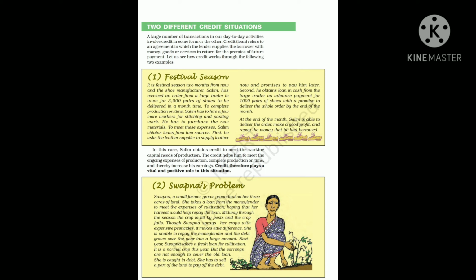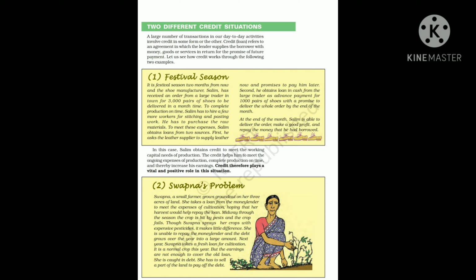Second is collateral and documentation: borrowers have to offer documents of their property as collateral or guarantee. Third is mode of payment: the bank decides how the loan will be repaid by the borrowers.